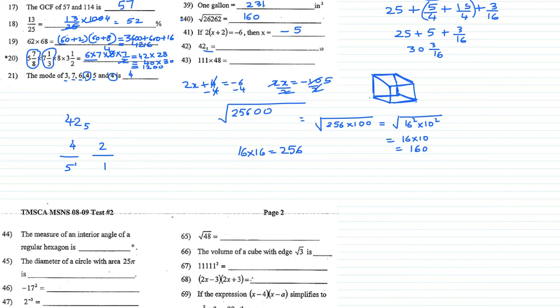So in order to convert this into base 10, we multiply 5 with 4 and then add it to the product of 1 times 2. So 5 times 4 is 20 and 1 times 2 is 2. So the answer will be 22.